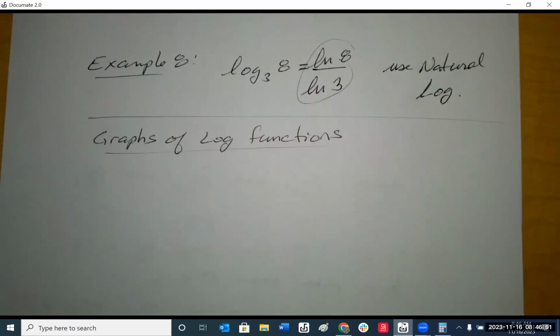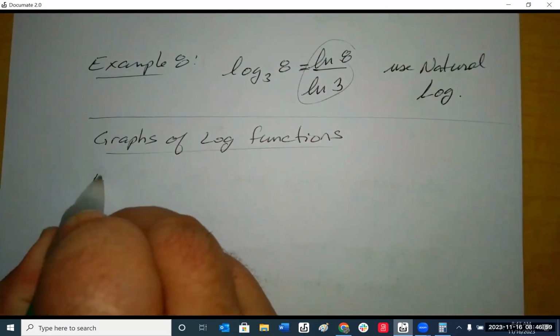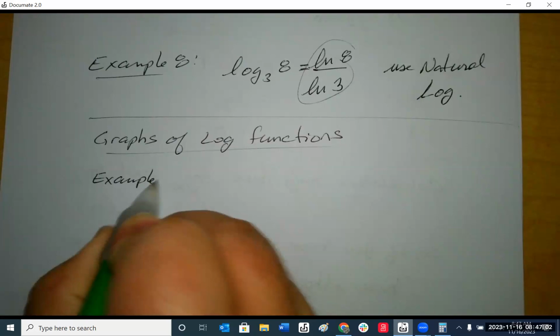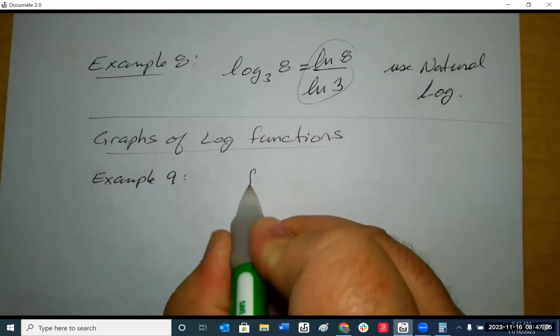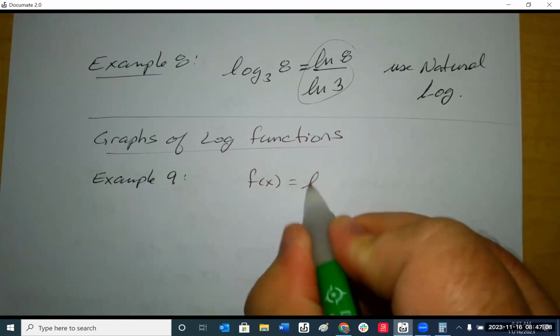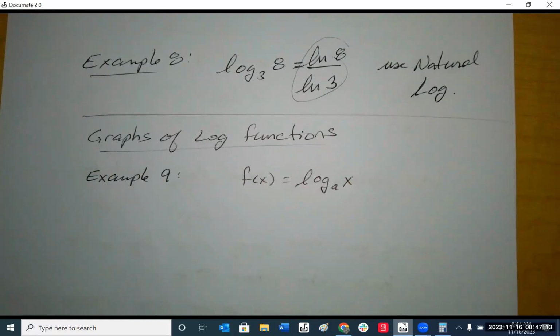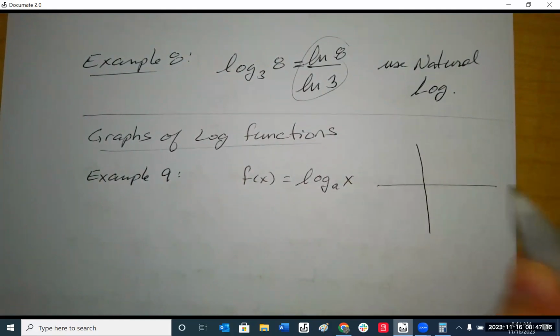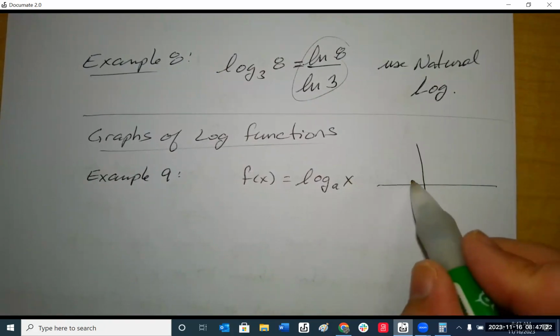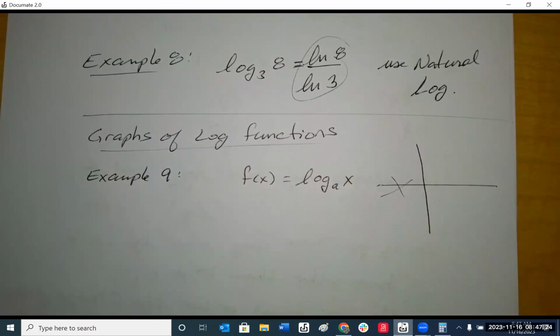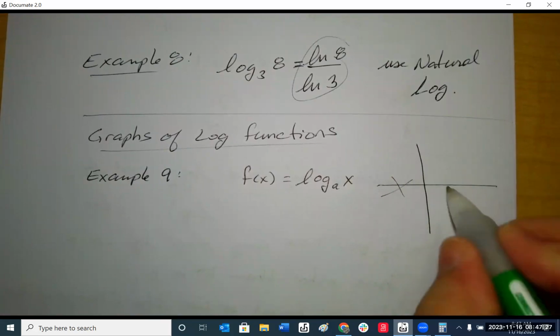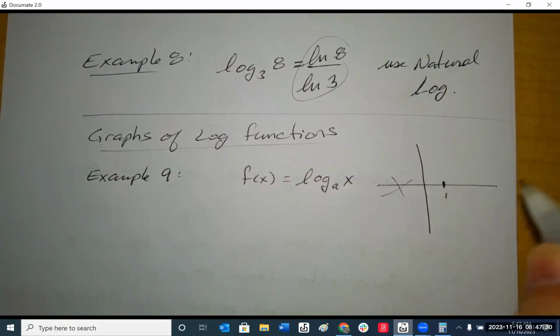Now I want to look at graphs. This is going back to what we did in chapter 2, section 5, transformations. Example 9. The log base a of x. Remember, logs cannot have negative x's. You can't take the logs of negative numbers. It always crosses through 1.